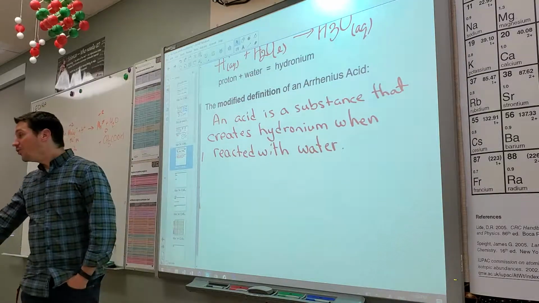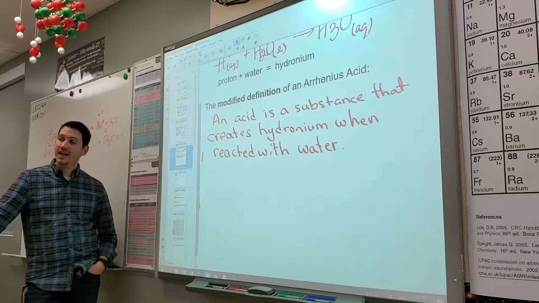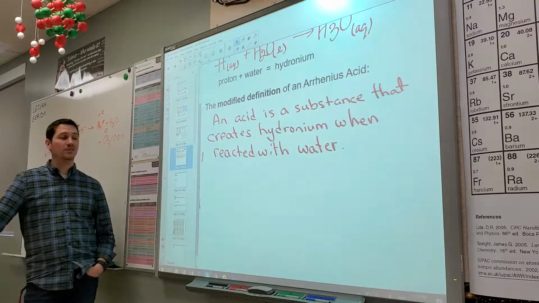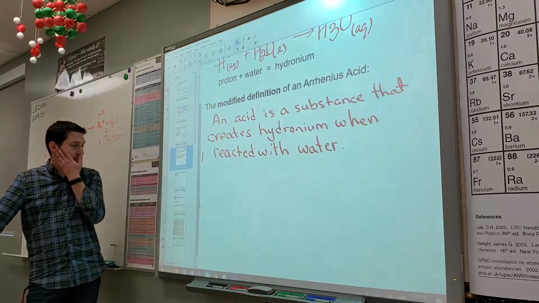We're now no longer considering hydrogen ions to be the basis of an acid. Now it's a hydronium ion. And that's what we call the modified definition of an Arrhenius acid.